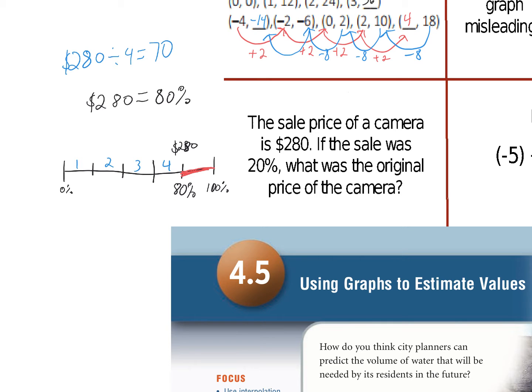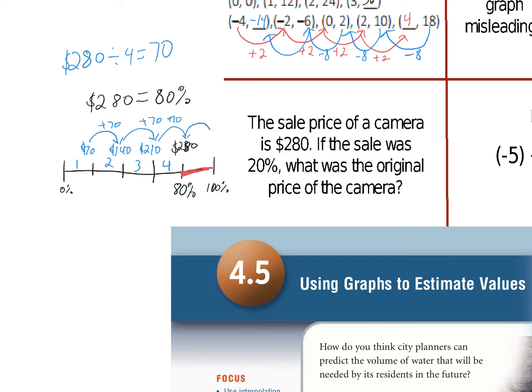So I know each of these must be $70, $140. Then this one here would be $210. And each time I'm going up by 70. I go up by 70 again here to get to my 280.